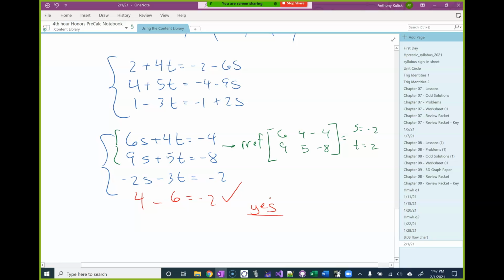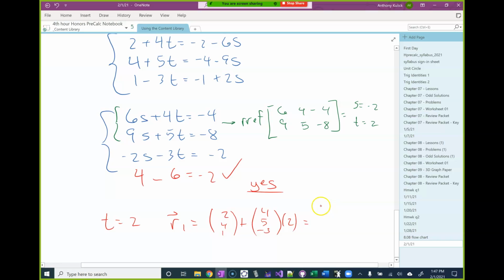For the sake of argument, let's pick the T. And I know that in R1, I have 2, 4, 1 plus 4, 5, -3 times 2 should give me, let's see, 2 plus 4 times 2 is 10, 4 plus 5 times 2 is 14. 1 plus -3 times 2 is -5. So my point is (10, 14, -5).